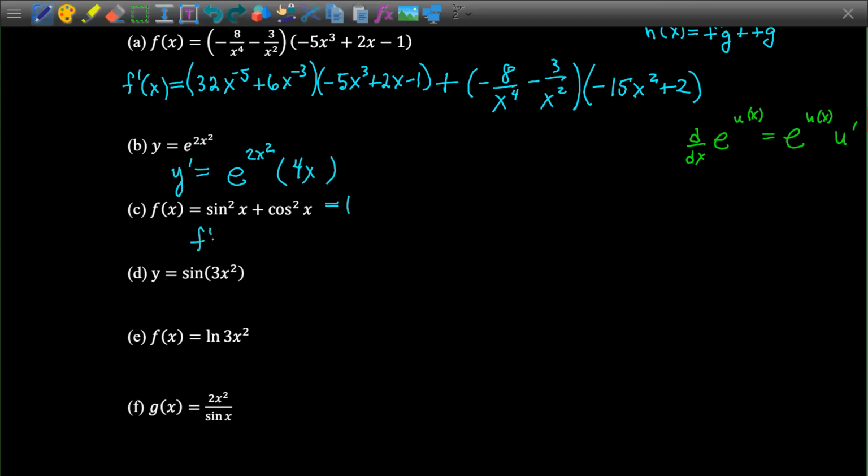So f prime is just 0. Or you could say f prime is equal to the derivative of sine squared, which is going to be 2 times sine of x, and then times the derivative of sine, just cosine of x.